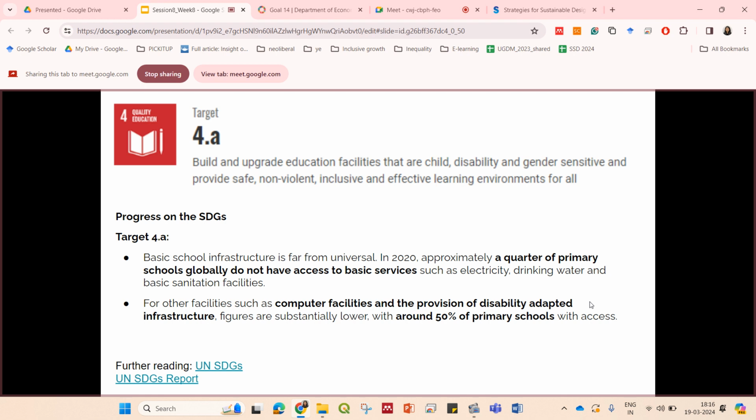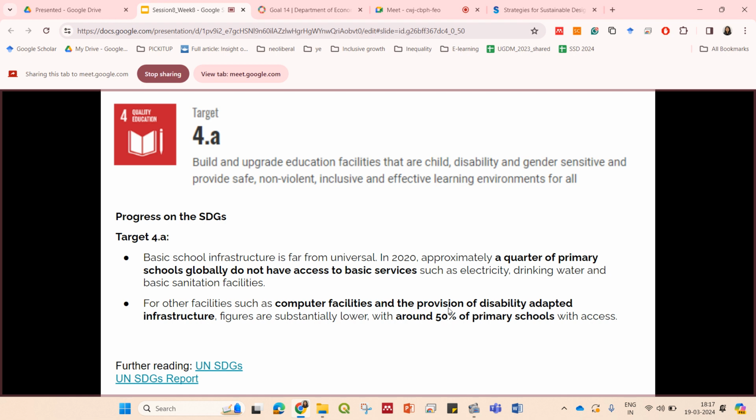Additionally, computer facilities and disability adapted infrastructure are still substantially lower compared to the basic services, and around 50% of schools across the globe do not have access to these kinds of facilities.